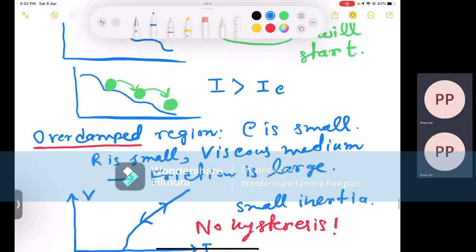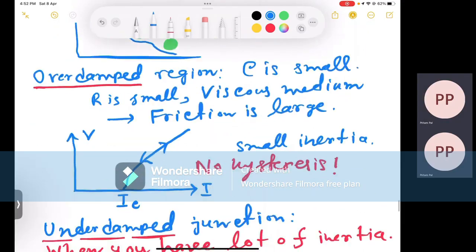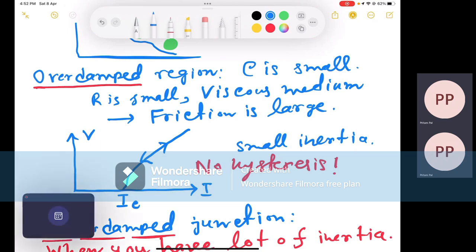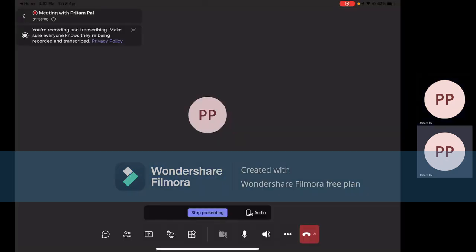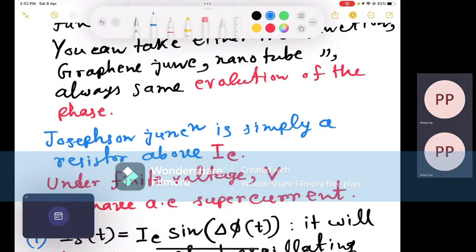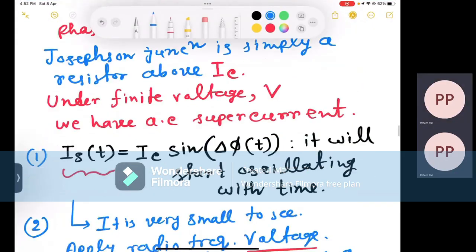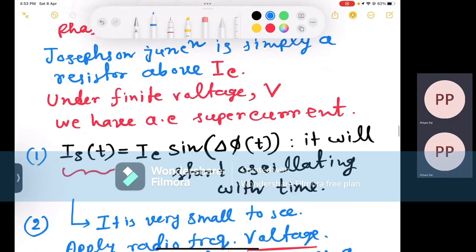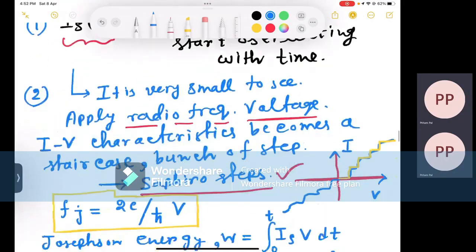Why do we have hysteresis? There are two situations, overdamped condition and underdamped condition. These are a bit advanced.